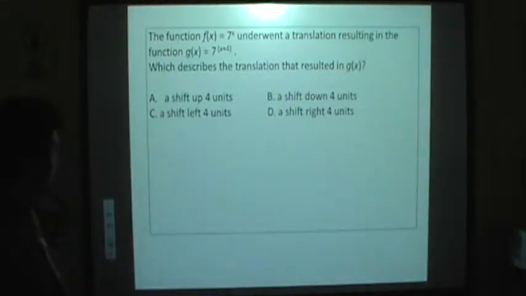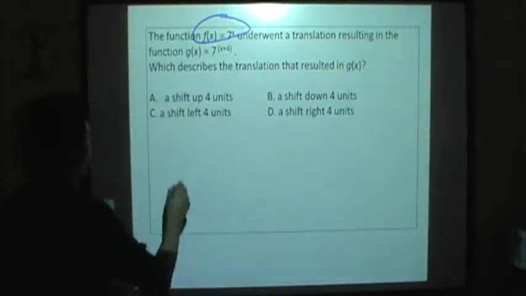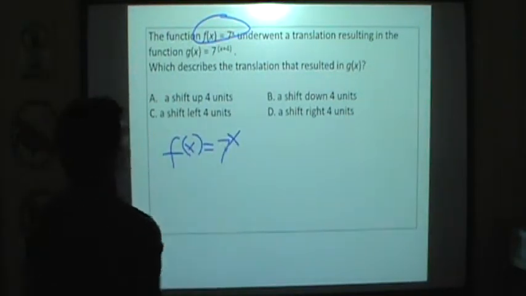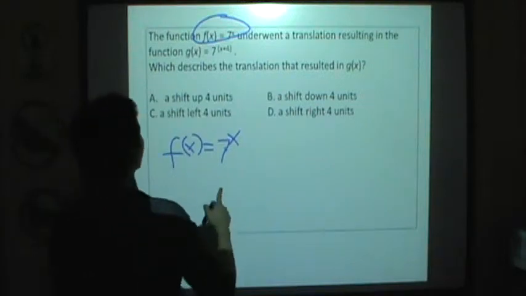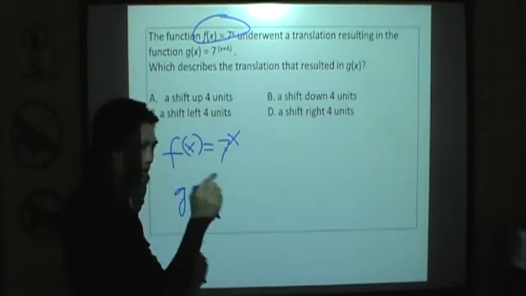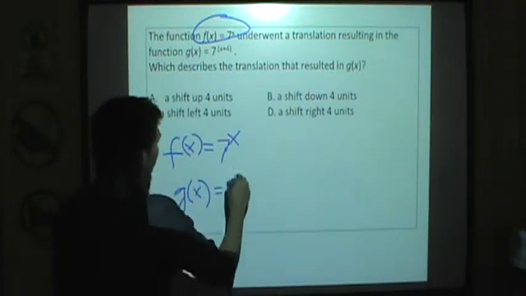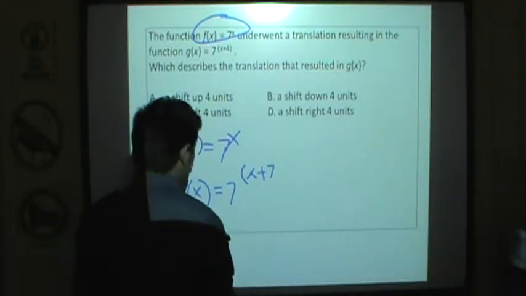Next. Here, use your calculator again. Type in 7 to the x. Then go to y equals again, and in y2 you're going to see 7 to the x plus 4.